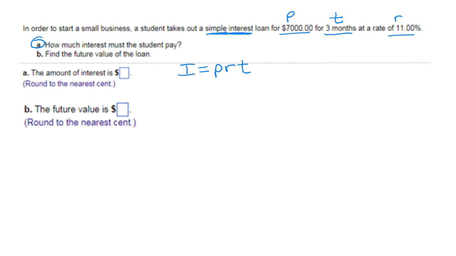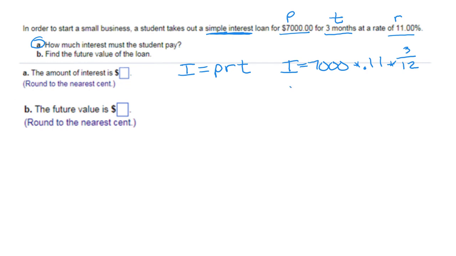So inserting the values that you have, I is equal to 7,000 times, remember my R is 11%, so that's going to give you 11 hundredths. And time is 3 months. And I said that I like to just say divide by 12, so I know I accounted for that. Again, you can change the 3 over the 12 to however you'd like to read it.